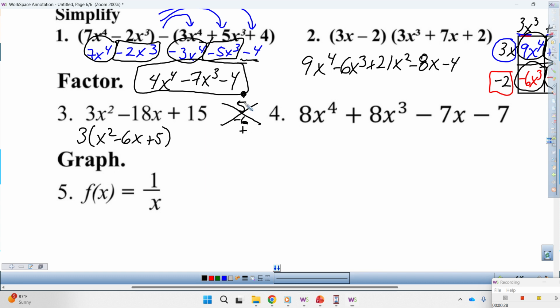What two numbers multiply give me 5? Then when you combine them, give us negative 6. What two numbers multiply give us 5? What, or should I say, what only two numbers multiplied give us 5? 5 and 1, and when you combine them, give us -6.